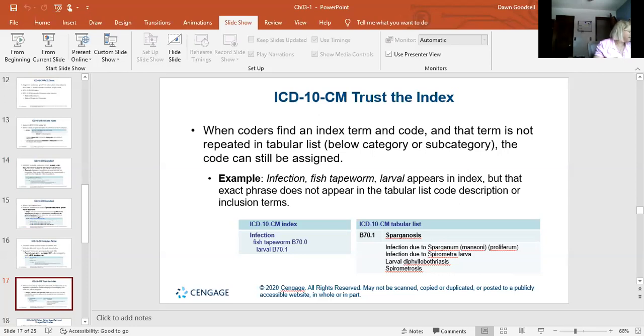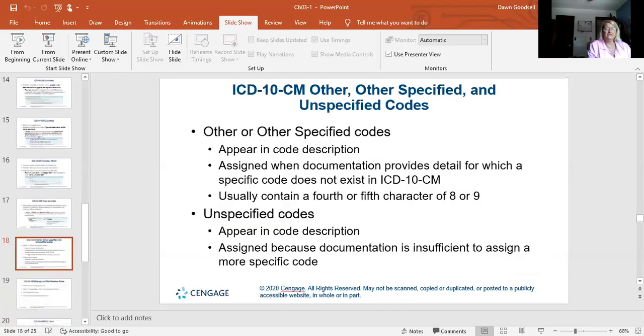So we've talked about the red boxes with the characters. That's really important. This one here is just telling you infection. We're going to look in the index for infection, then find our code, go over to the tabular section, look it up, and determine if we have all of the characters or not.